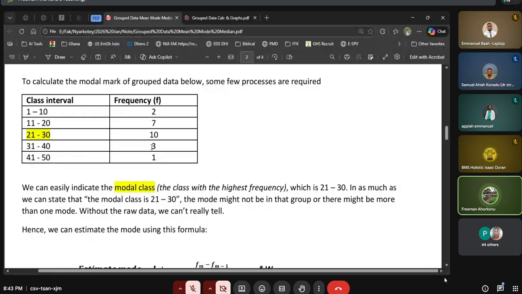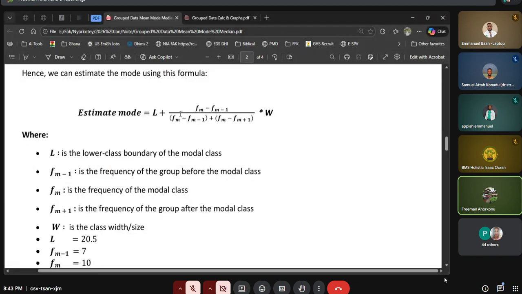And if the question changes and the frequency changes, the first thing to do is to look for the modal class, the class with the highest frequency. Then the frequencies before and after the highest frequency are the things you are going to put in this formula, and the rest is calculator, punch, and you are gone. Please, it is practice.